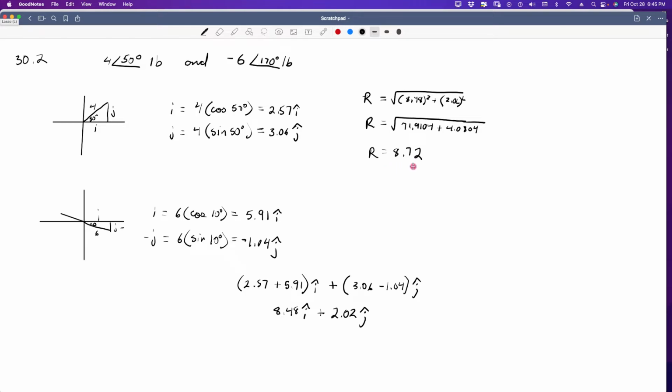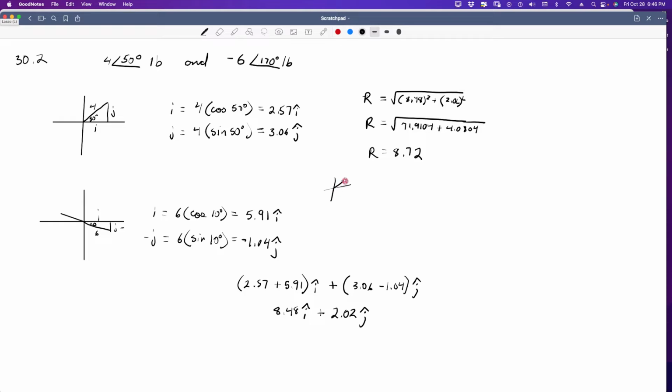And now we can find the tangent in order to get the degree of this. If you have to draw a reference for this, both of these numbers are positive, so it's going to be in the first quadrant, right?